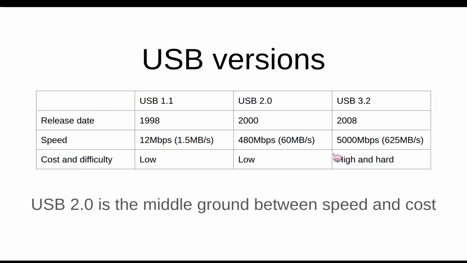The reason we are going to use USB 2.0 instead of USB 3.2 in this design is that USB 3.2 is very precise. To hit the speed, you have to turn the signal on and off very precisely and quickly.